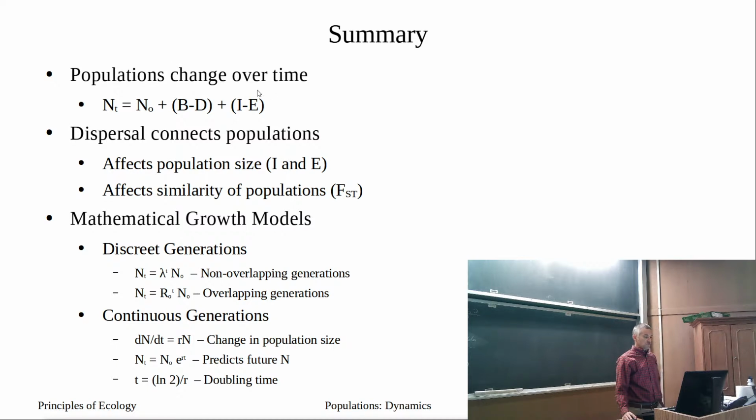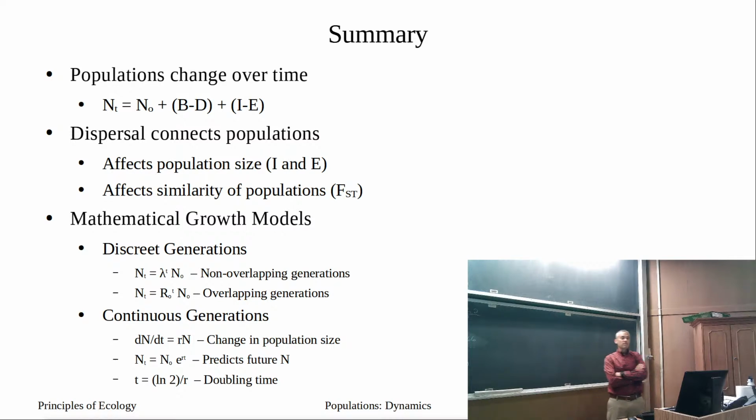Immigration is assumed to be zero. We assume we're working with closed populations, but we do recognize that immigration and emigration are important. Immigration is dispersal. This process of dispersal is what connects our populations together. It not only affects our population sizes through the I and the E, but it also affects the genetic similarity of our populations.